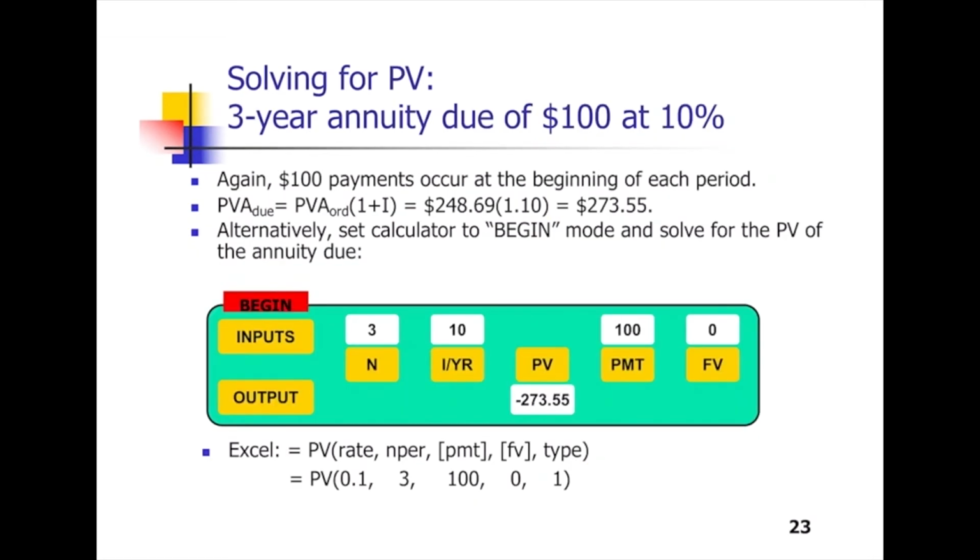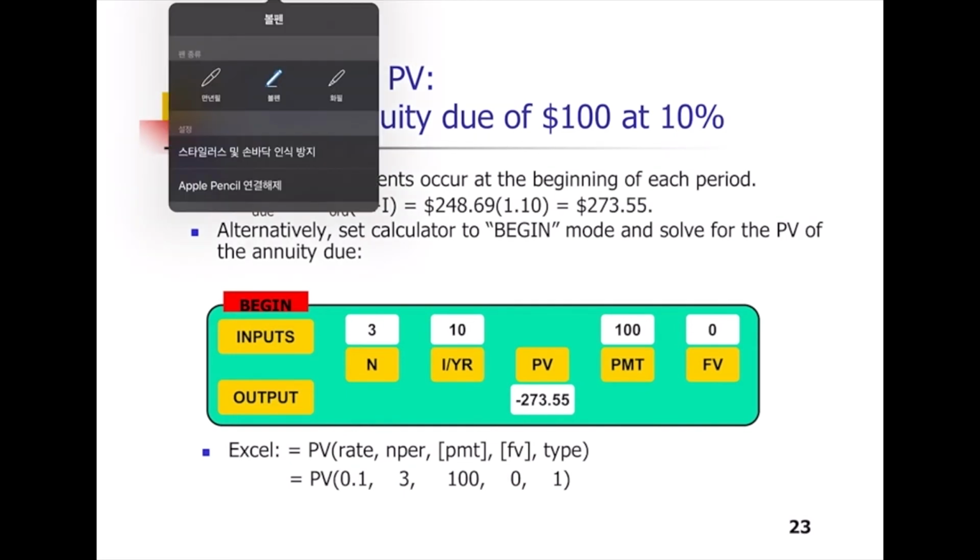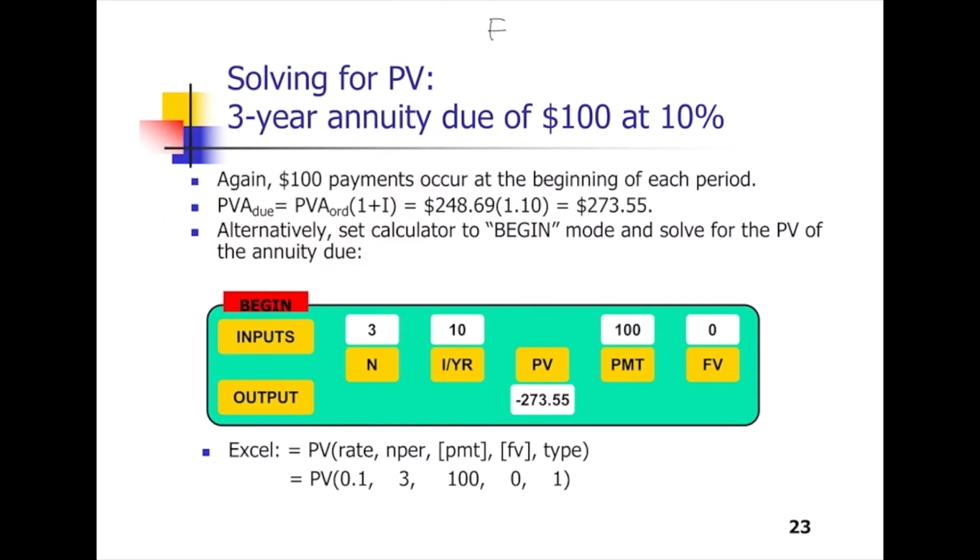This slide shows the present value of annuity due. As I mentioned before, annuity due gets 1 plus I more value than ordinary annuity. So as I wrote before, FV of ordinary annuity multiplied by 1 plus I is the future value of annuity due.